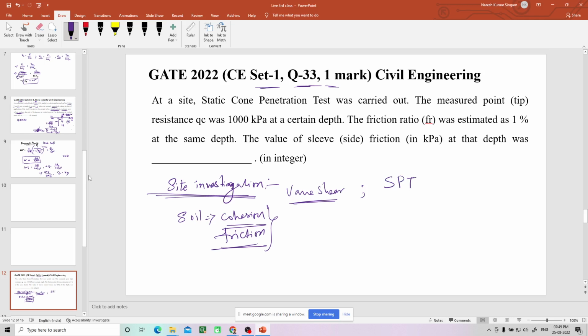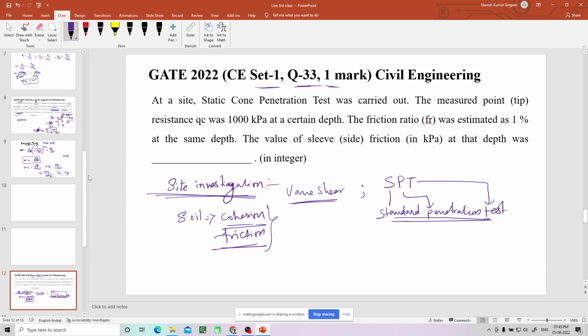Like that there are some tests, and some of you know the SPT test, standard penetration test. Like that there is one more test. I don't know whether you have come across this test in your BTech level.